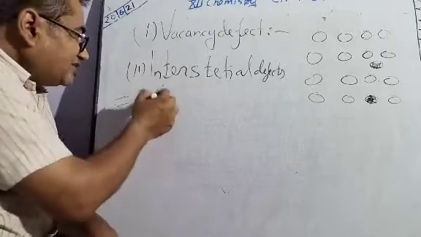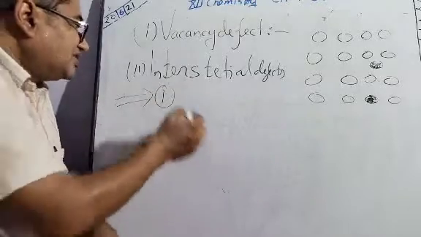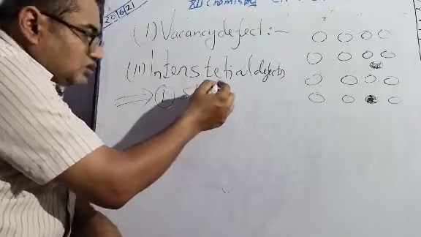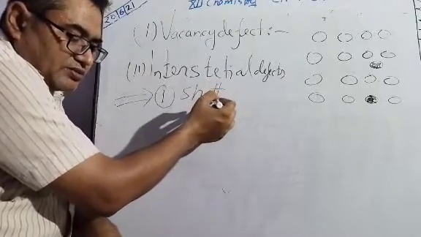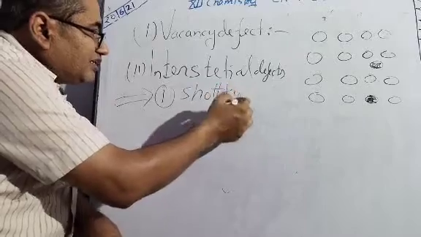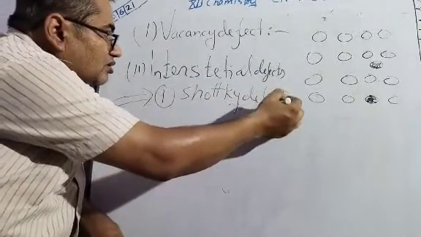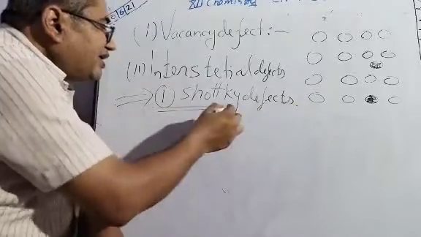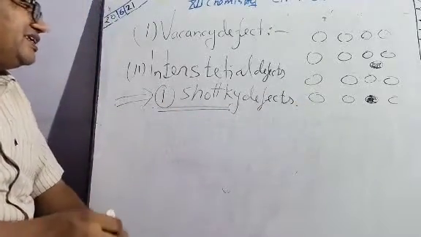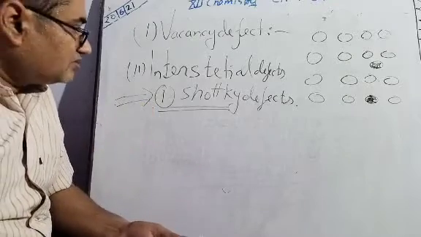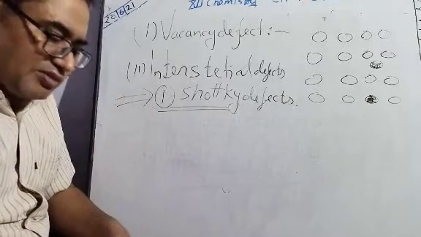So very first and very important is the Schottky defect. Schottky, double T. This defect is named after a scientist.